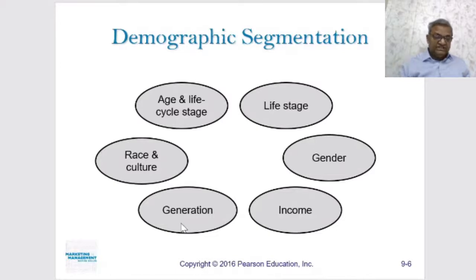Then we have different generations, race and culture, and age and life cycle is what we've already attended. So demographics can be segmented on these 6 different dimensions: age and life cycle stage, gender, income, generation, and race and culture. With this, we are going to look at the different types of segmentation which exist in the context of demographics.